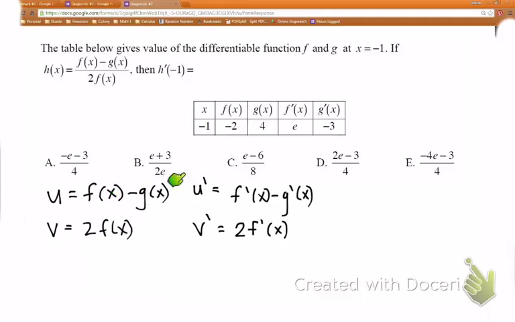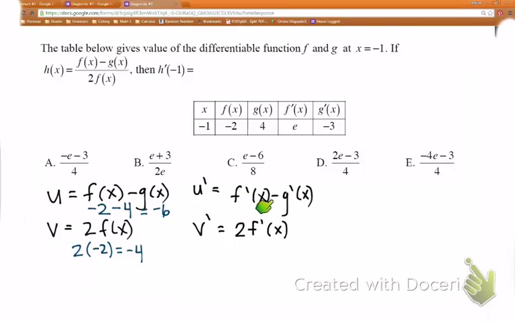So f of -1 minus g of -1. Let's see, f of -1 is -2, and g of -1 is 4. So that's -2 minus 4, or -6. Down here we have 2 times f of -1, so 2 times -2, which is -4.